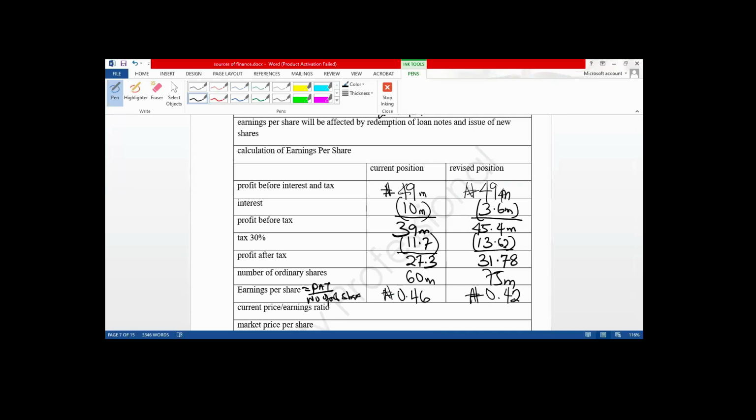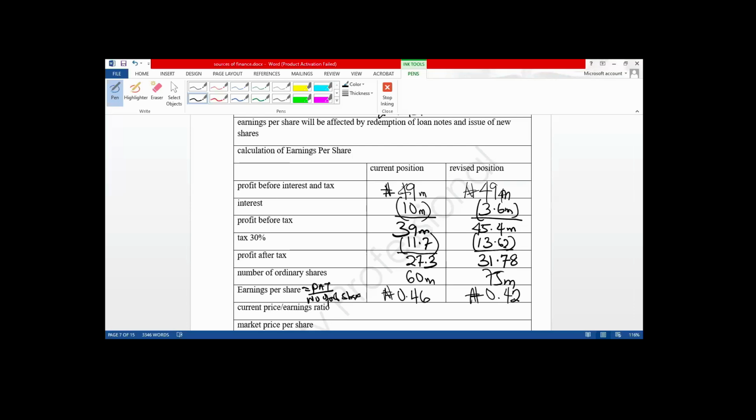Before the proposal, the earnings per share is 0.46. That is 46 kobo per share. If the company issues new shares and uses the money to repay the debt, earnings per share will fall.